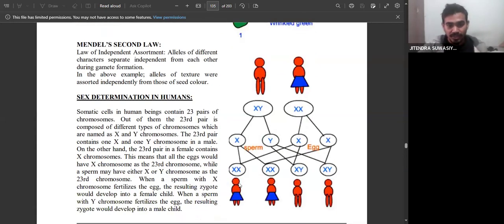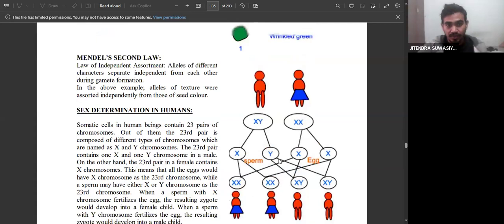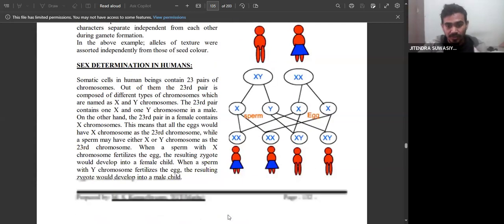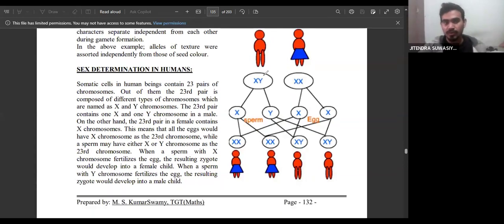For example, in human beings, the XY chromosomes are responsible for male and the XX chromosomes are responsible for female. But during gamete formation, what happens? There will be independent assortment. Whatever alleles are present, they segregate and have independent characters, and any one can go into any gamete.